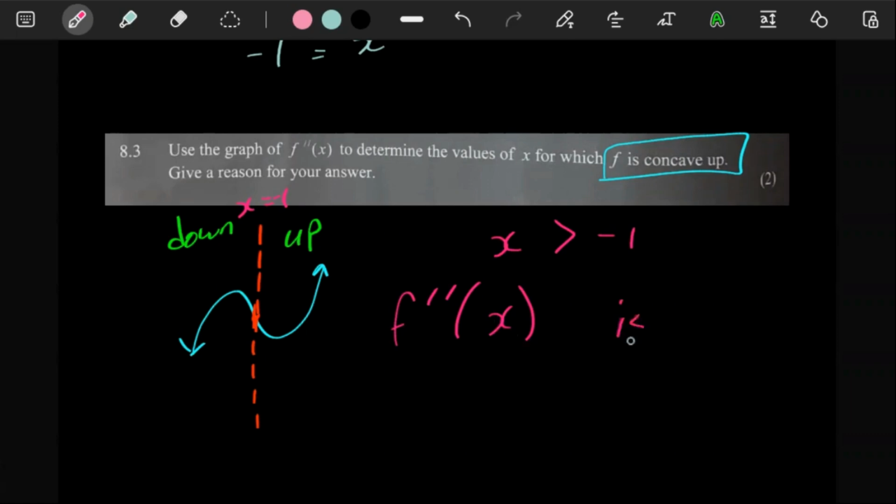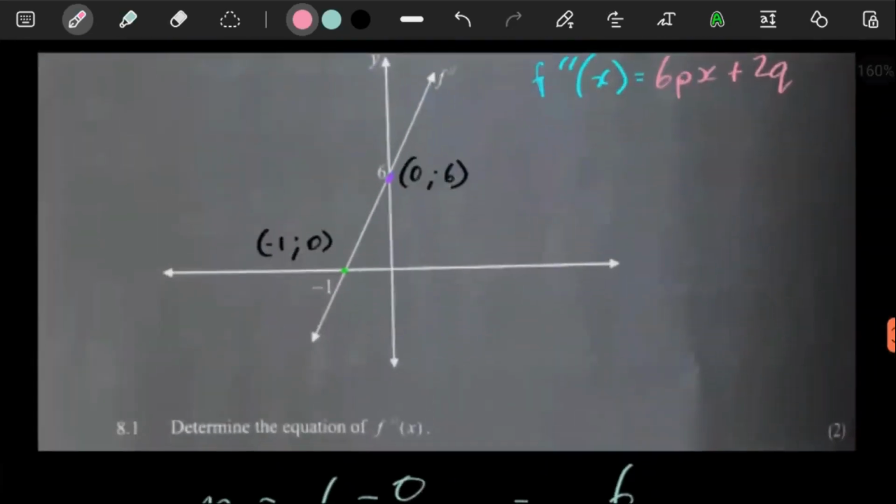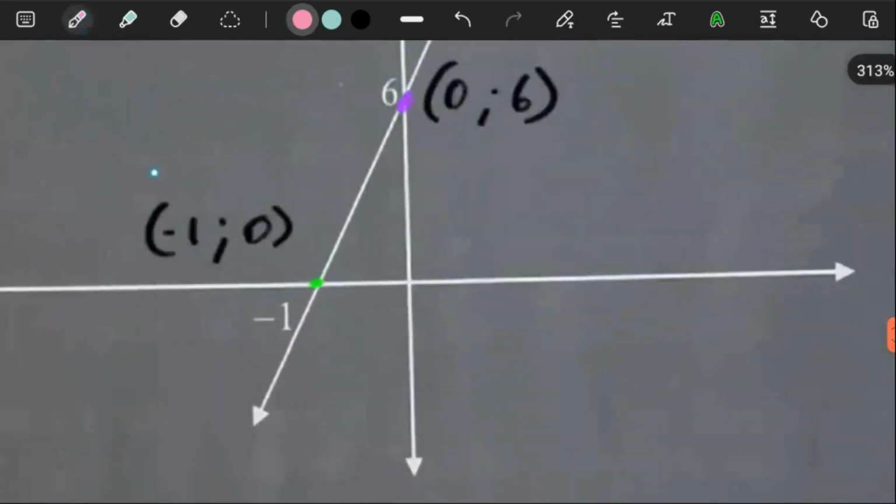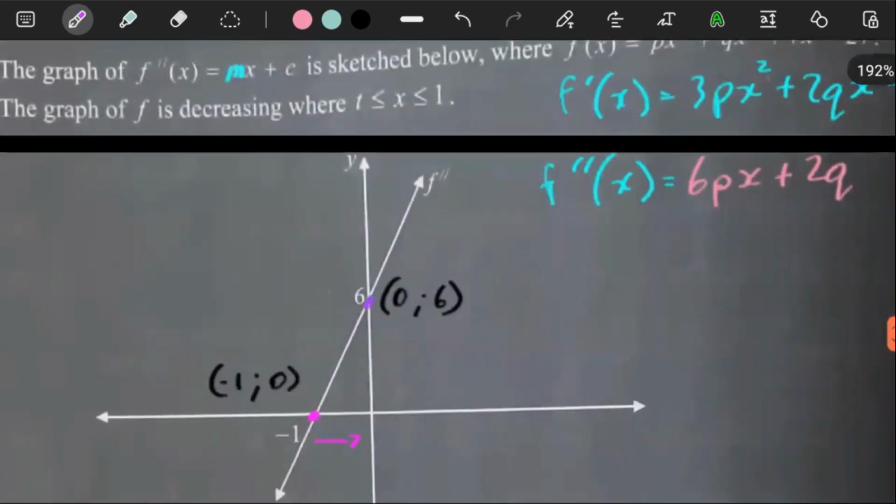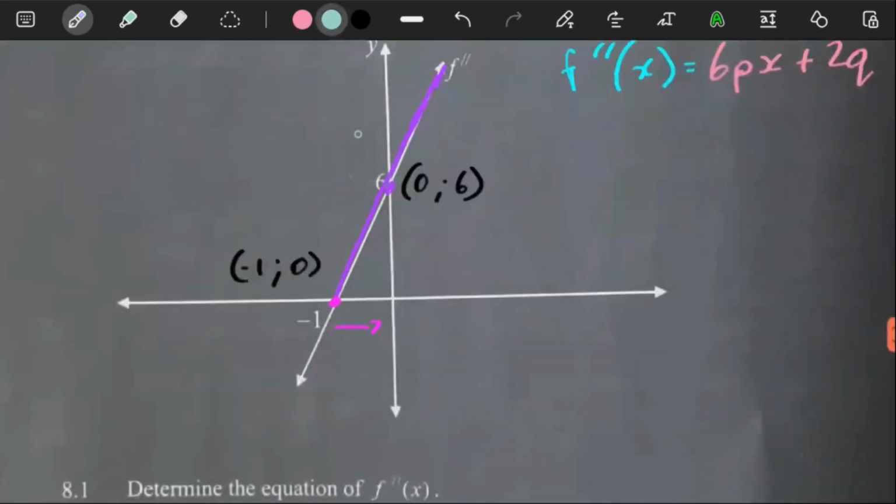What you can safely say is, if you look at your graph here, this is where -1 is. Now what you know is towards the right of -1, your graph here has positive y values. So as long as your graph here has positive y values above -1, that's the graph that's concave up. And then here, this is the graph that's concave downwards.